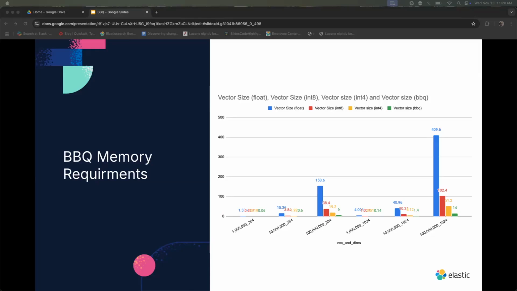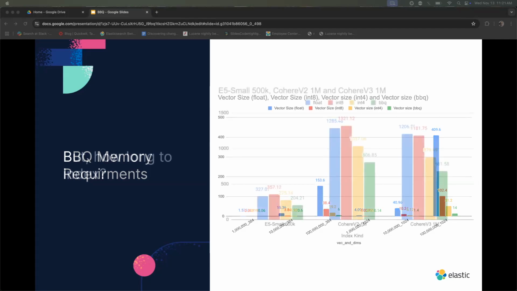So on what would normally take, I don't know how many nodes, you got 48 gigs of off-heap RAM, maybe that 46, and this 400, so it's like 10 nodes. Oh crap, I gotta have replicas, so times that by 2, and so now I have 20 nodes. And then here, we're down to 14, which fits on one node, and if I turn on replicas, now I have 2 nodes. That's pretty good.